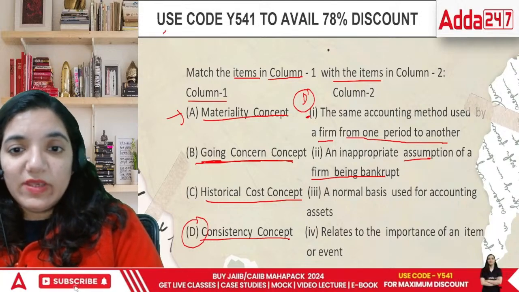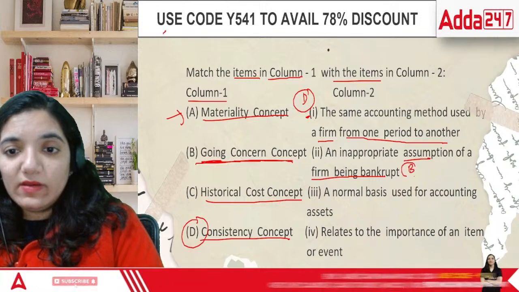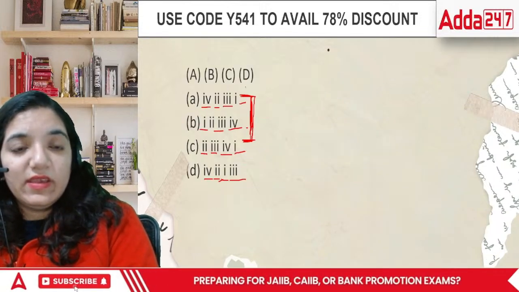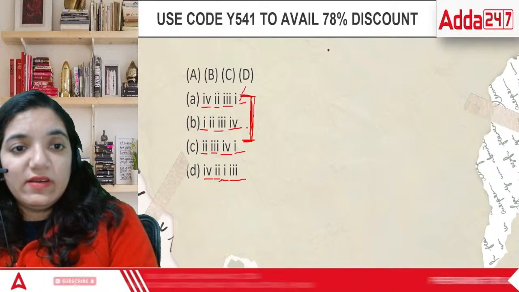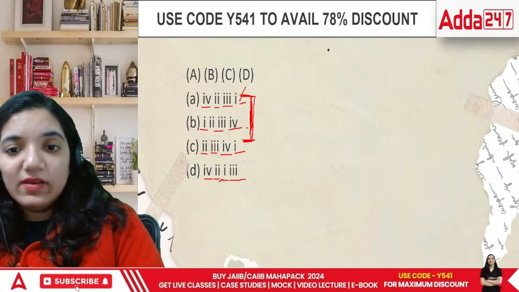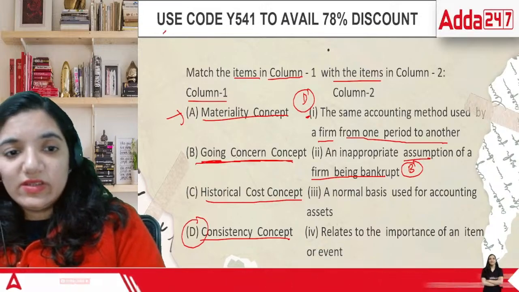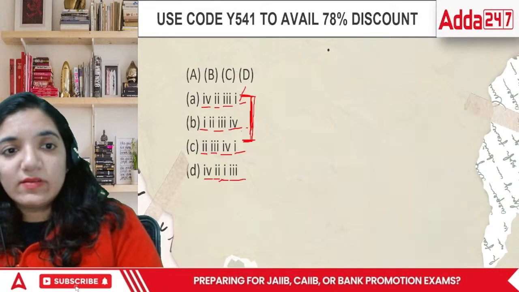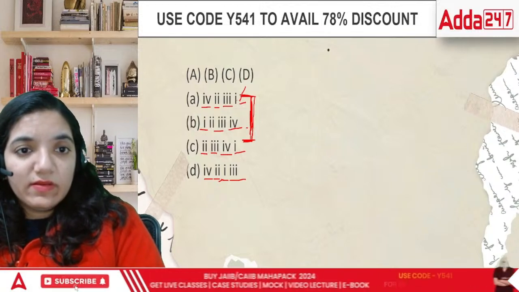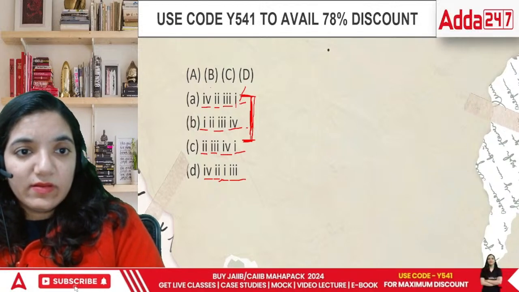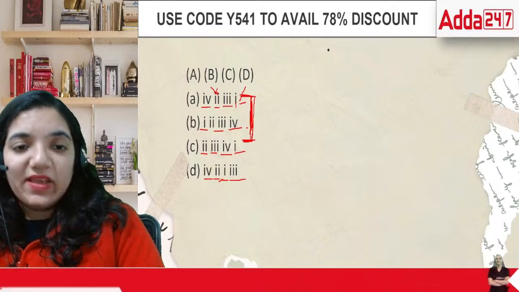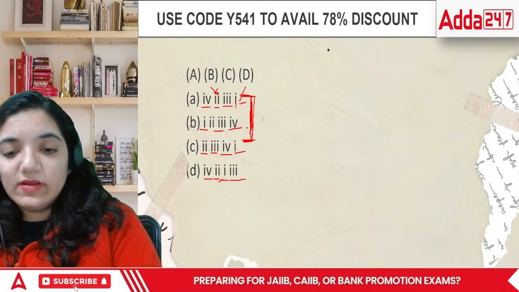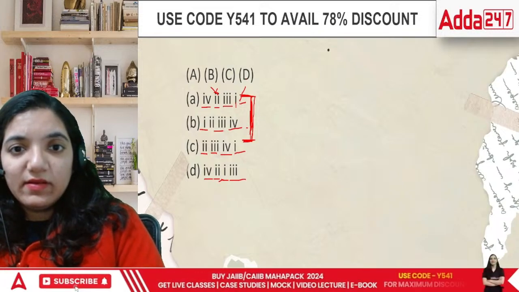I think that would be B. So D is 1 and B is 2. So I think that makes A more near to the correct answer, है ना?